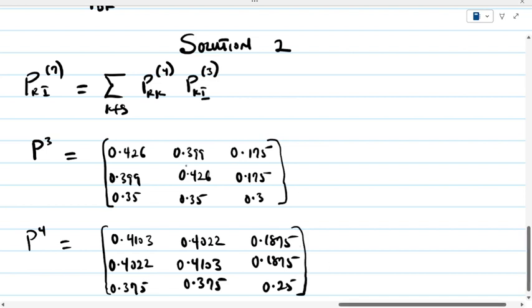So now, the first is the probability of moving from R to K over 4 steps.